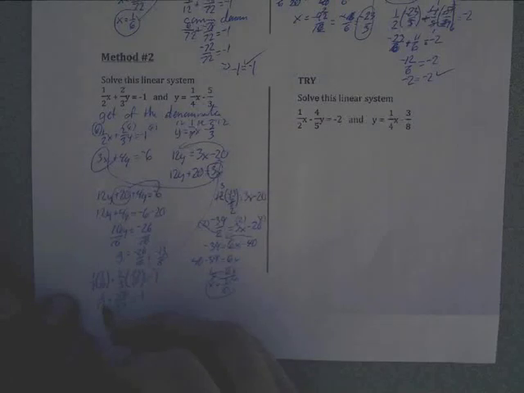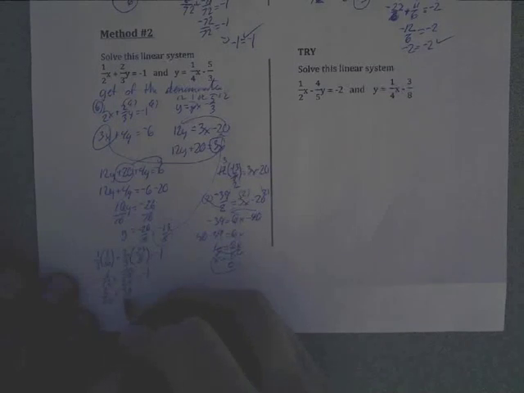I'm going to change this into a common denominator. Common denominator is 24. So 12 times 2 is 24. So 1 times 2 is 2 plus negative 26 over 24 is equal to negative 1. 2 plus negative 26 is negative 24 over 24 is equal to negative 1. Negative 1 is equal to negative 1.